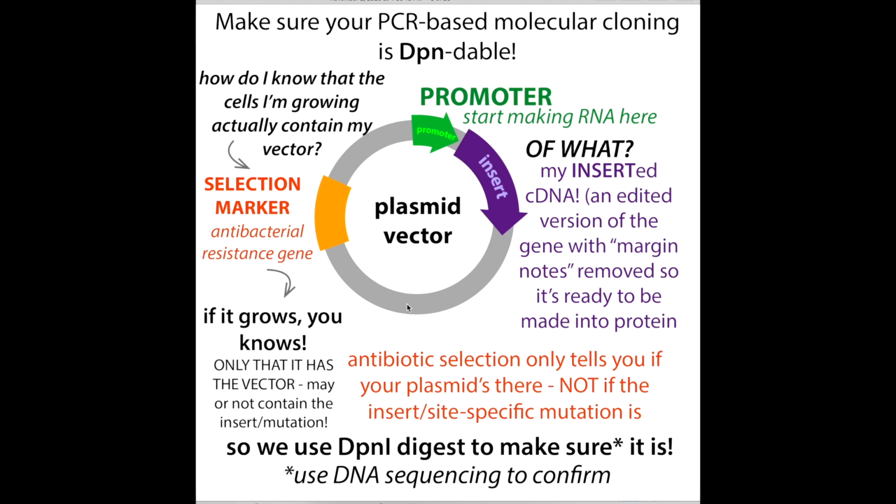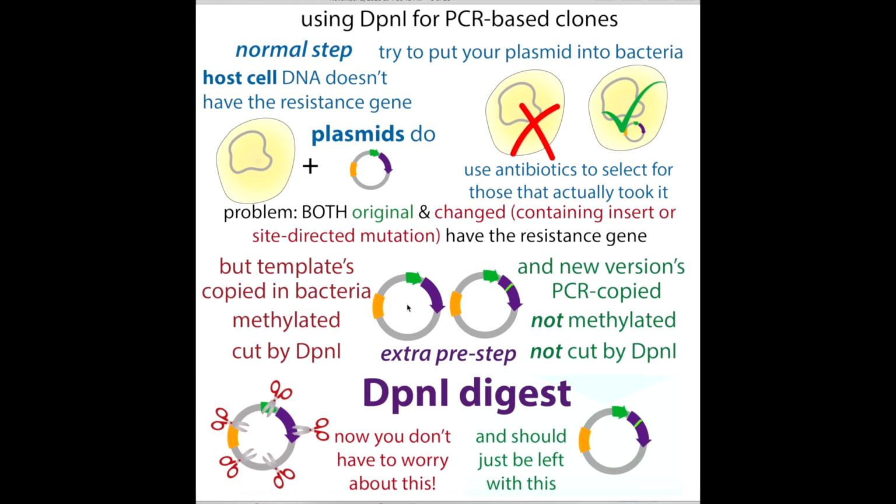But when you're doing a PCR based method like SLIC, you don't have any sort of purification. What you can do is use DpnI digest. So basically, your new version is going to be PCR copied, and the template is not PCR copied.